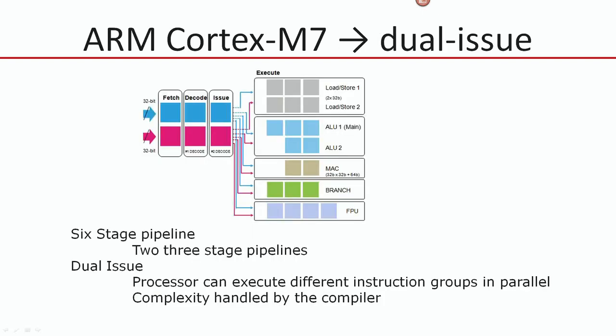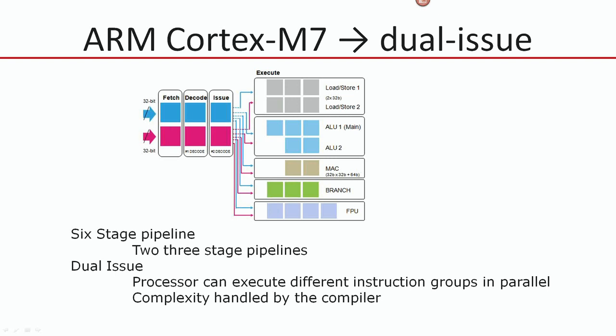So first of all, the Cortex-M7 inside the processor, the earlier Cortex-M devices had a 3-stage pipeline which had fetch, decode and execute units. The Cortex-M7 now has a 6-stage pipeline which is arranged as 2 3-stage pipelines.